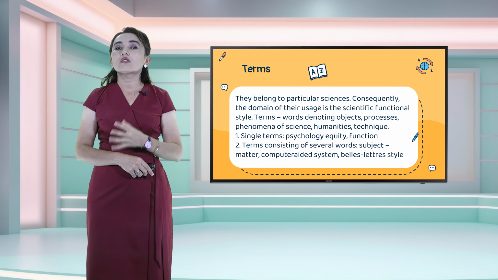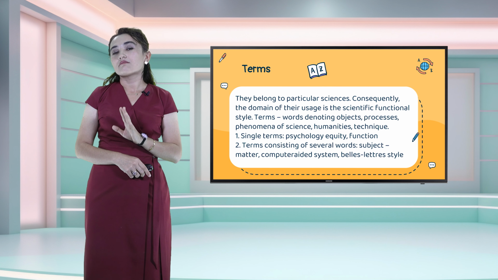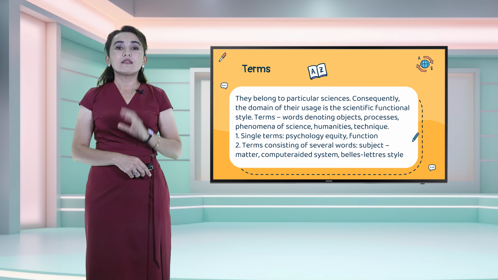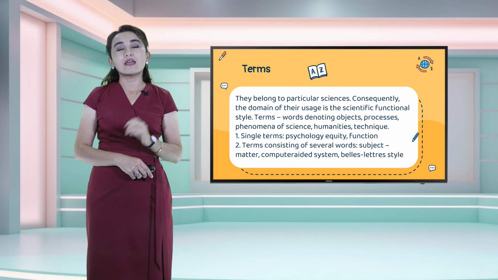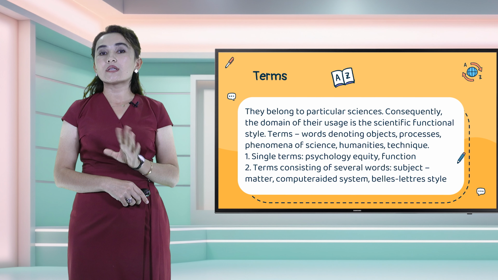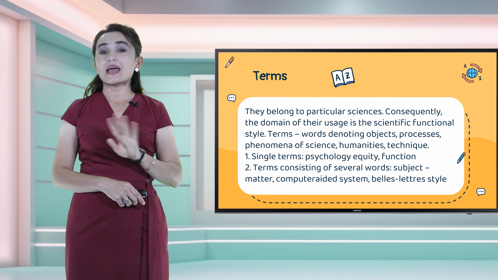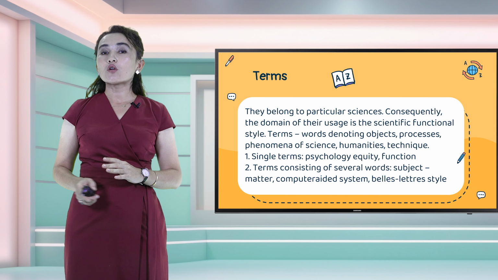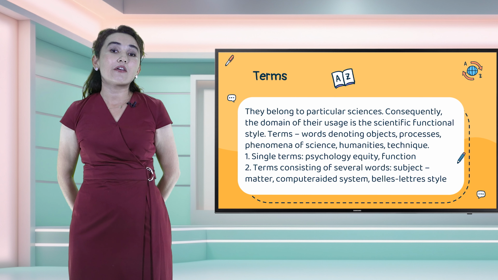What is a term, or what are terms? Terms belong to a particular science. Consequently, the domain of their usage is the scientific functional style. A classical term is monosemantic and has no synonyms. When used in other styles, terms produce different stylistic effects.